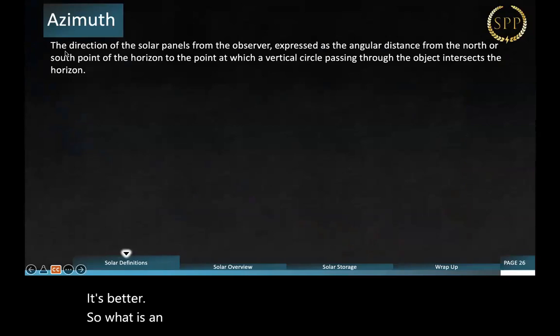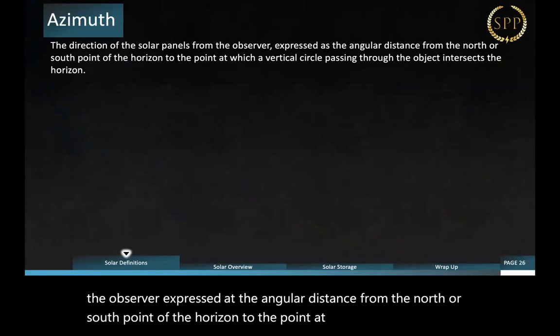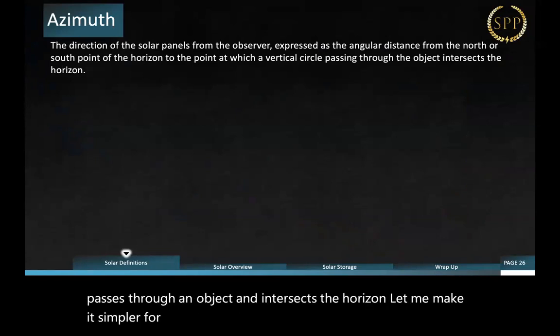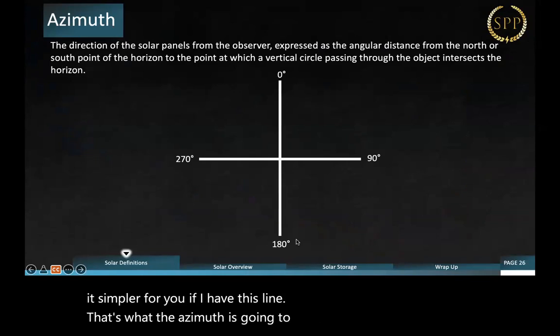It's the direction of the solar panels from the observer expressed as the angular distance from the north or south point of the horizon to the point at which a vertical circle passes through an object that intersects the horizon. Let me make it simpler for you. If I have this line, that's what the azimuth is going to be in degrees.